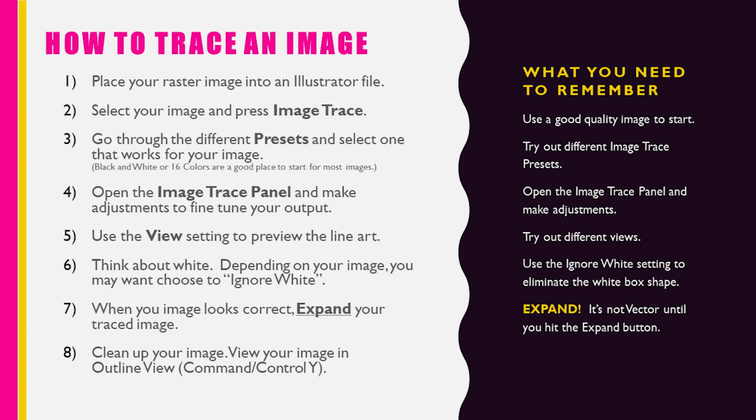You need to take a look at your image, clean up any of those missing pieces or colors that didn't turn out the way you wanted to, or possibly combine shapes or colors depending on your image. And so that's the basics, and we're going to dive in a little bit deeper to some more complex images and see how those different choices you have will impact your final piece of vector art.